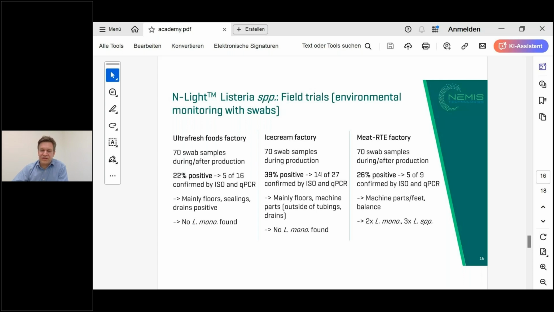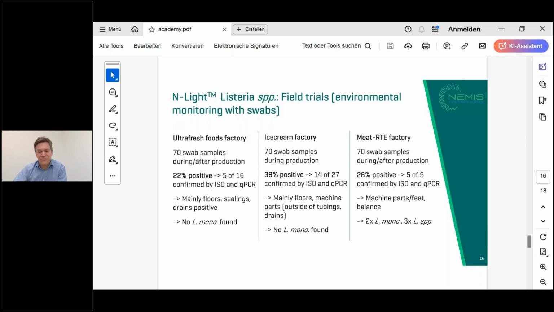In a meat factory producing ready-to-eat foods, sorry, there's a mistake, it was only 35 swab samples. Sorry about that. Of these, 26% were positive, and 5 of 9 could be confirmed later as being Listeria spp. Here it was machine parts or the feet of the machine, and also a balance and such places where positives were found.